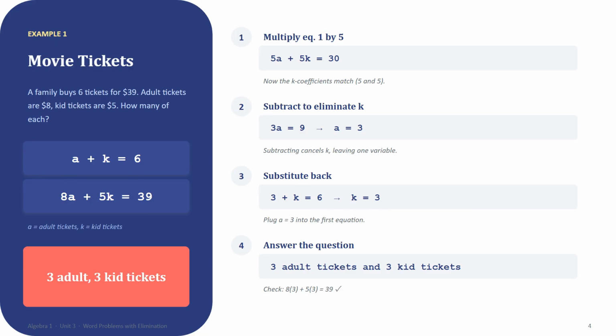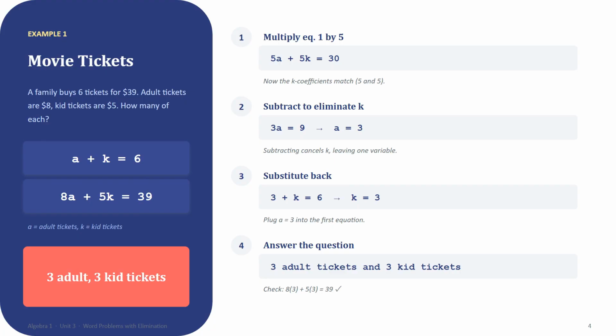Example 1 is movie tickets. A family buys 6 tickets for $39. Adult tickets are $8. Kids tickets are $5. How many of each? First we should set up the equation based on tickets.